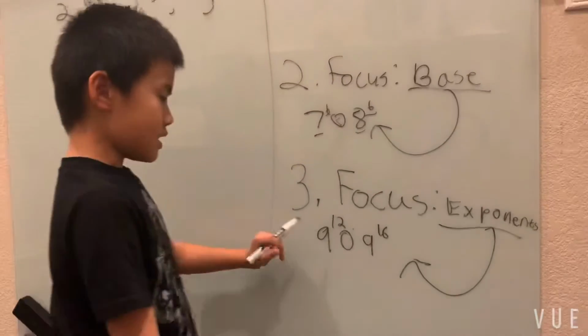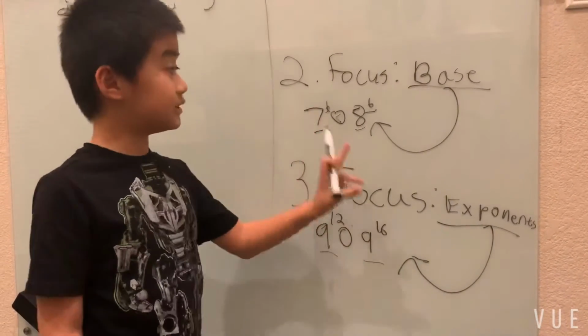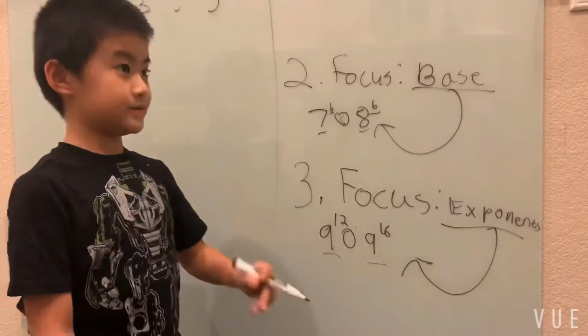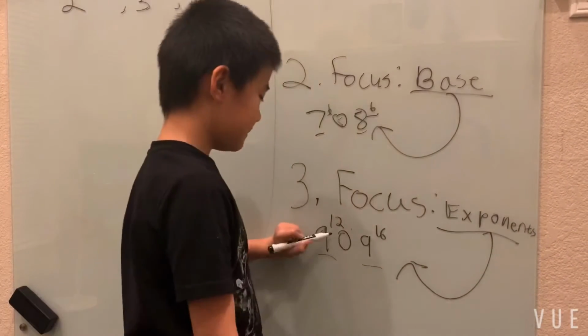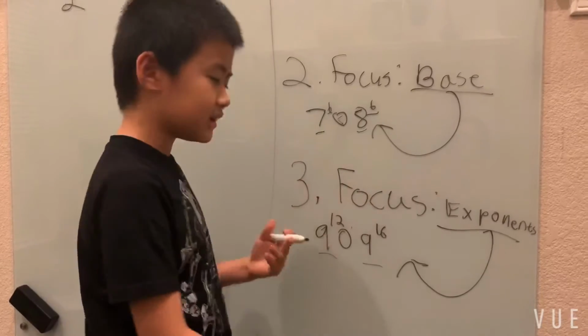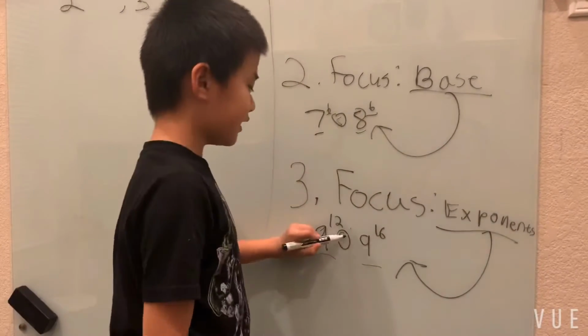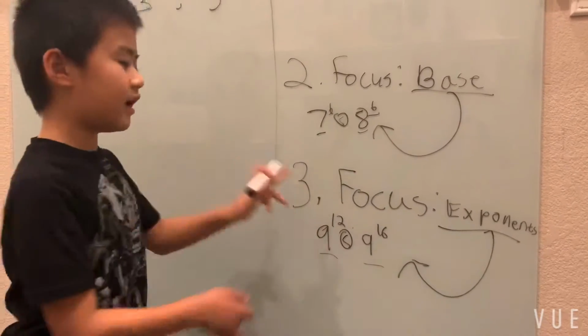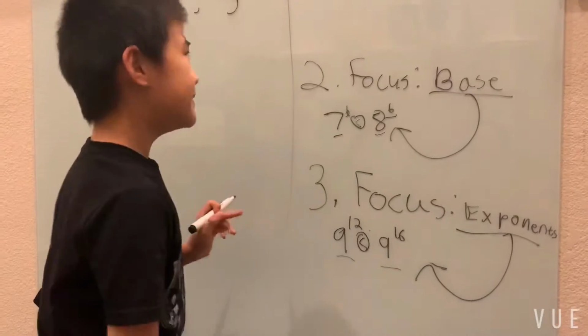So these 9s, they don't do a whole lot, right? They're the same, so they don't tell us anything. So here, we compare 12 and 16. Multiplying 9 12 times is definitely smaller than multiplying 9 16 times.